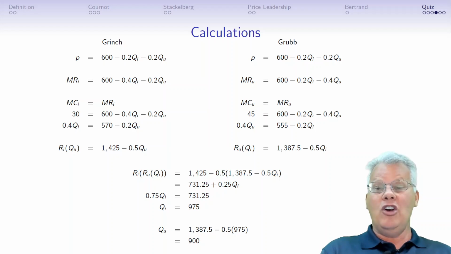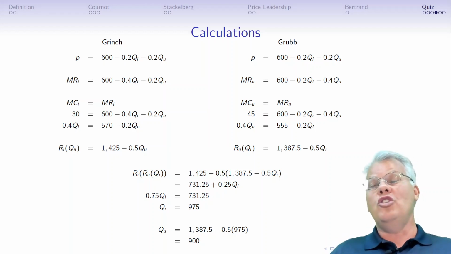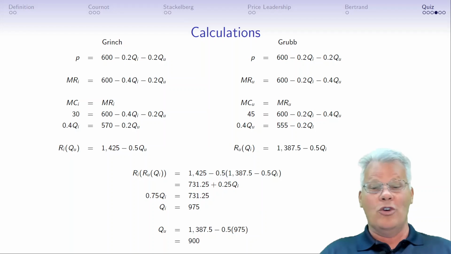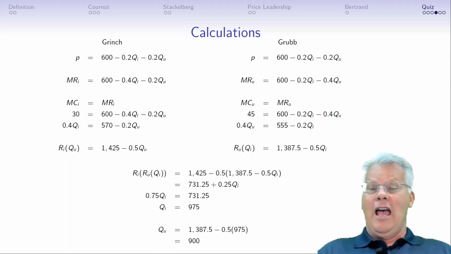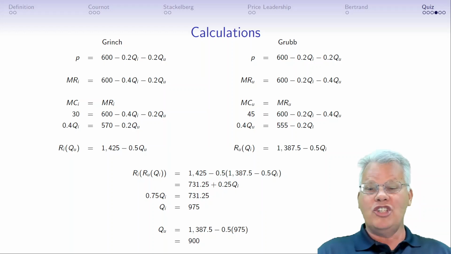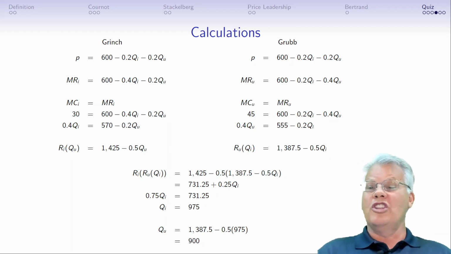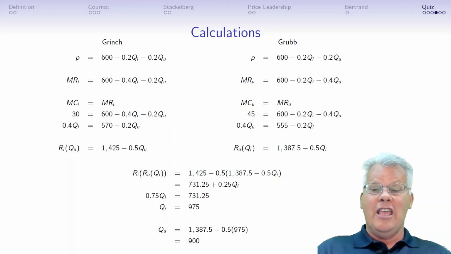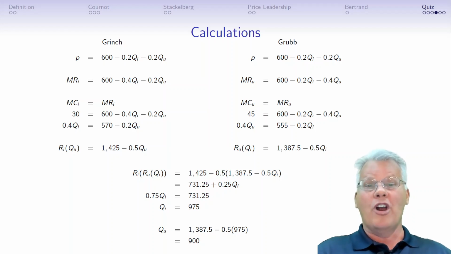What I've done here is substitute Grubb's reaction function into Grinch's reaction function, although you could do the other. It doesn't make any difference, of course. Then I grind through the algebra and get an output level for Grinch and an output level for Grubb. Remember, Grinch was the lower cost producer, so he's able to produce more than Grubb in equilibrium.